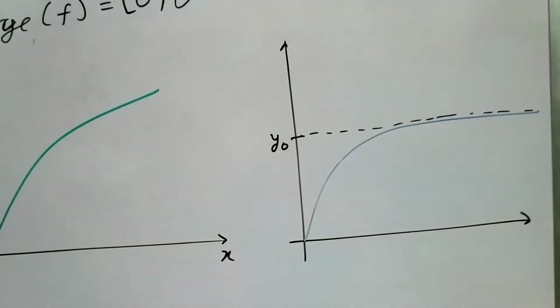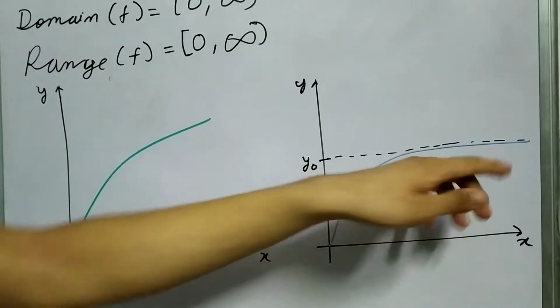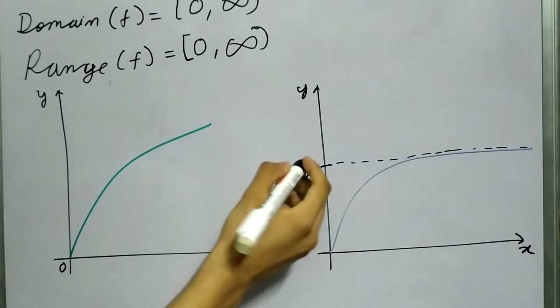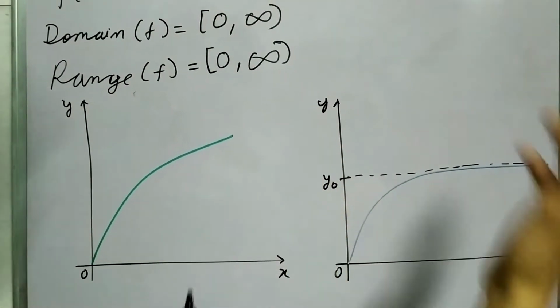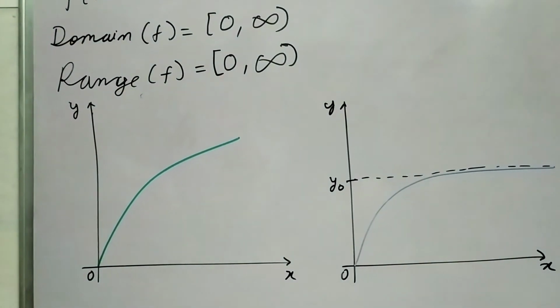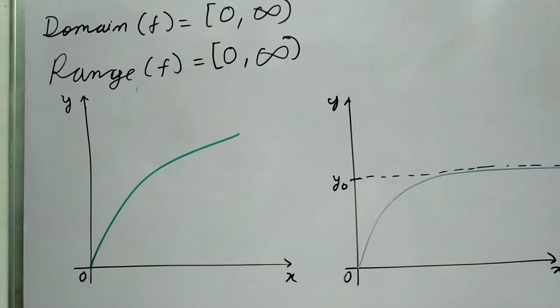No matter how large an x you pick, it is always less than this value y0. An example is how a capacitor charges. I have made some videos on that, you should check them out. It's given by e to the power of something.